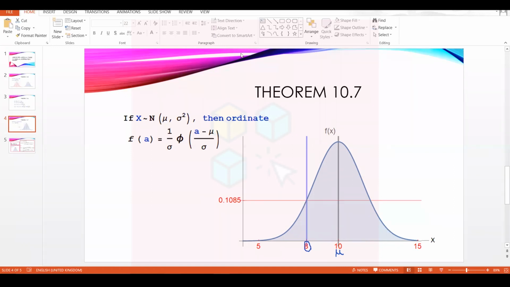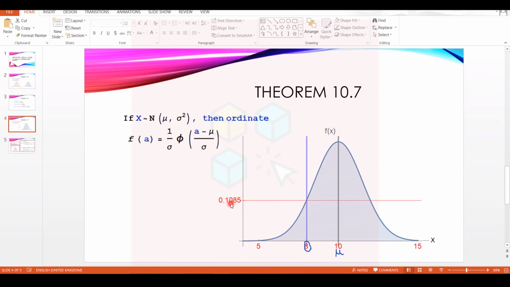The height is actually the ordinate. We know that at x, the height can be viewed from the curve, and it's 0.1085.